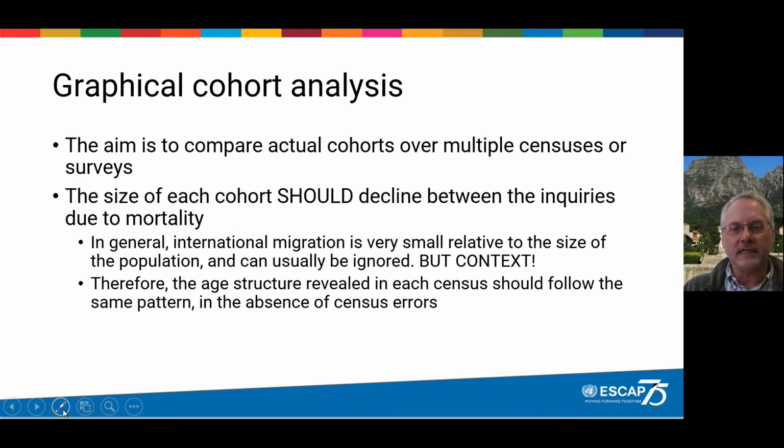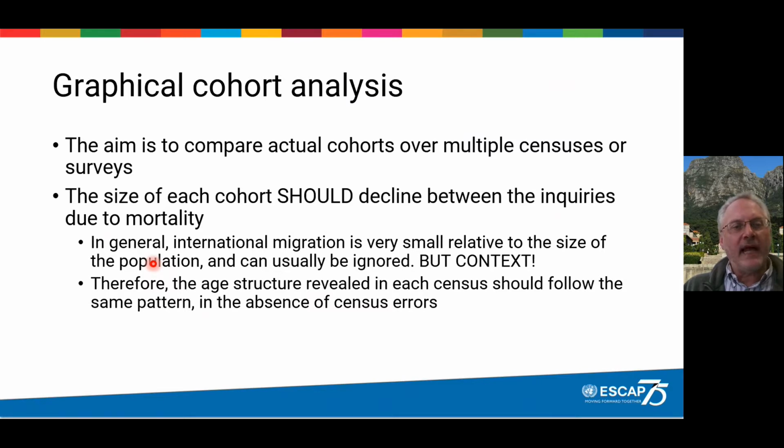But remember context. Context is vitally important. Remember, in the data which I presented, for example, from the Bahraini census of 2010, where labor migration was extensive relative to the domestic population. And therefore, one needs to bear in mind that this observation, that in general international migration is very small and can usually be ignored, does not hold in each and every situation.